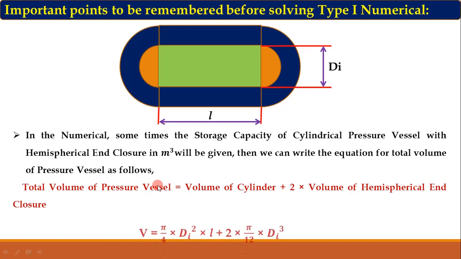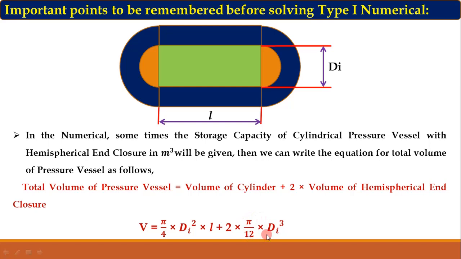So we can write the total volume V is equal to volume of cylinder, which is pi by 4 di square into L, where di is the internal diameter of the cylinder and L is the length of cylinder, plus twice into pi upon 12 into di cube.